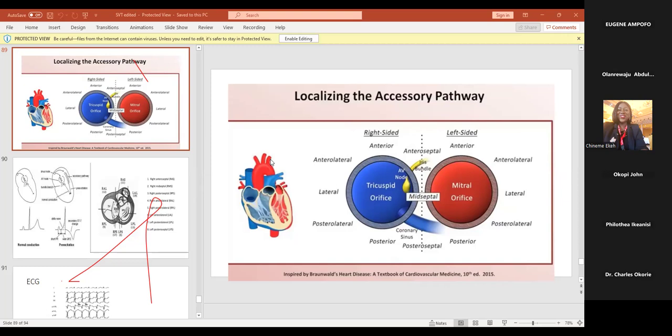Having said that, when I went for exams, the management of SVT was one of our oral stations. And specifically, Dr. Oga was the one manning that station. And he will paint a scenario for you that suggests an SVT with hemodynamic compromise and ask you to manage it.